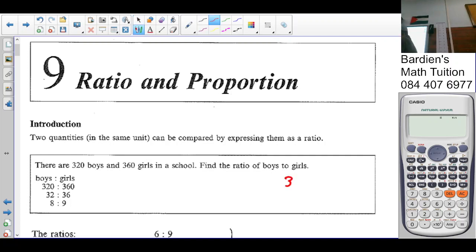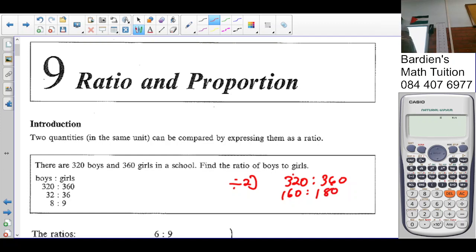Also, if you got 320 is to 360, you say, okay, 2 can be divided into both. Then you're going to get 2 goes into the 160, 2 goes into 180.